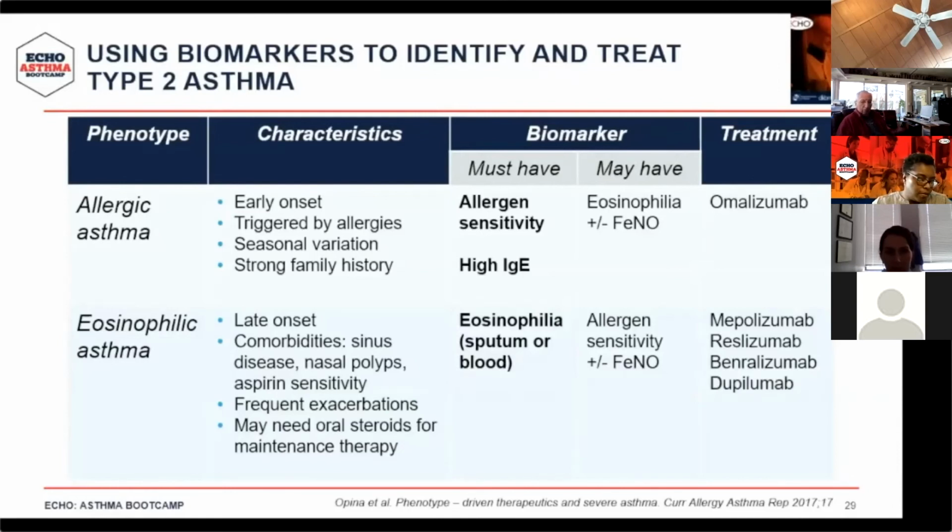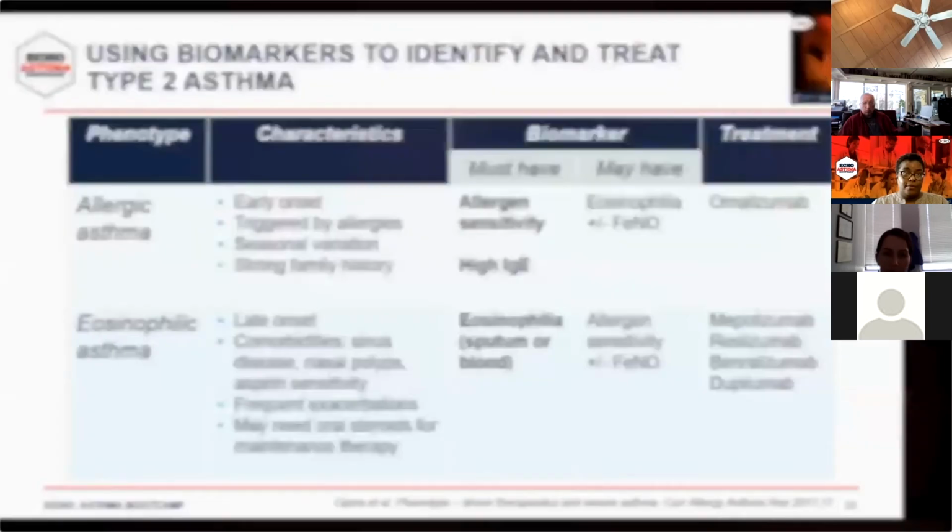These are the patients in whom an eosinophil would be checked, and if it's elevated, whether it's in the blood or the sputum, would qualify for multiple drugs that are now available by the FDA, such as mepolizumab, reslizumab, benralizumab, and dupilumab. Again, these are all the drugs that are available for patients with type 2 asthma, and we don't currently have an FDA-approved drug for patients with non-type 2 asthma.